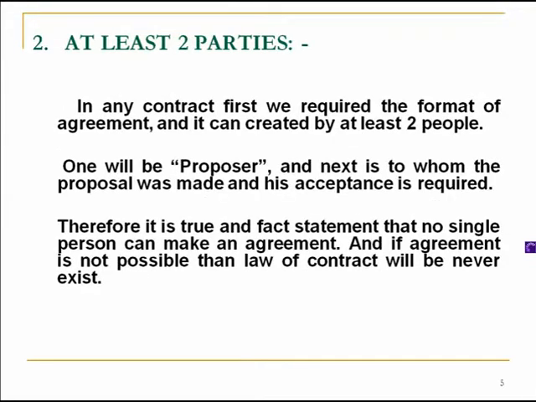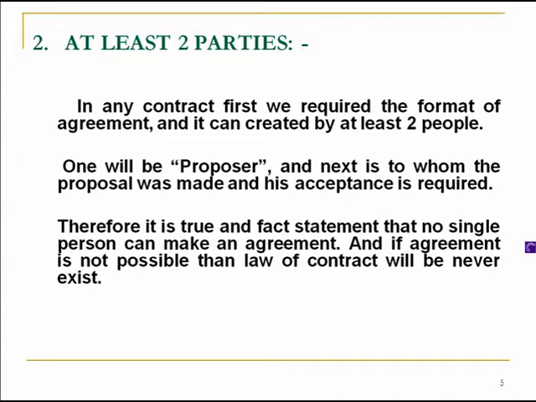Next essential point which you require for Indian Law of Contract is at least two parties. As I said earlier, contract is basically a legal binding between two parties who have made some transaction, and that transaction is known as agreement. So always for a transaction, for an agreement, you require two parties.